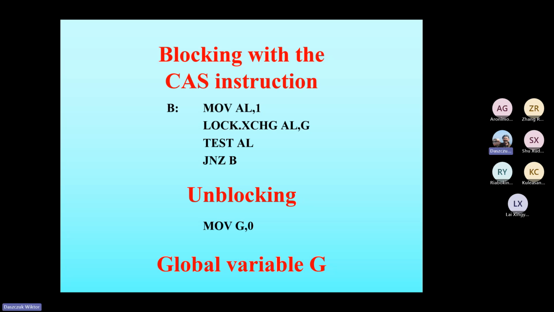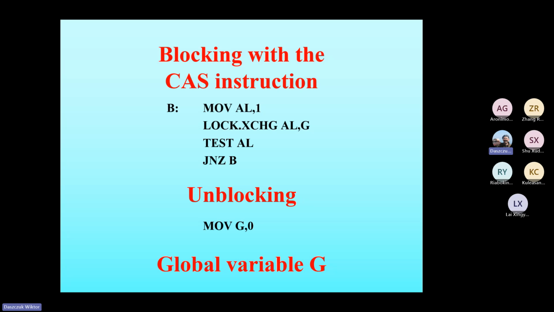So I execute instructions in the loop until some program enters 0 to G. Entering 0 to G is leaving the critical section.